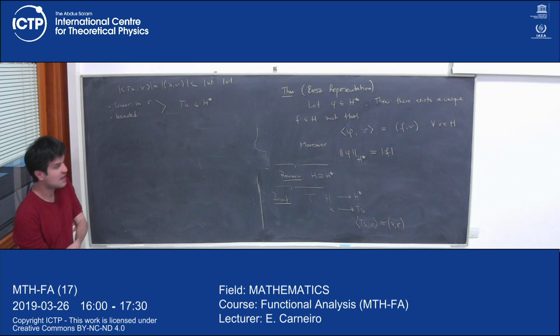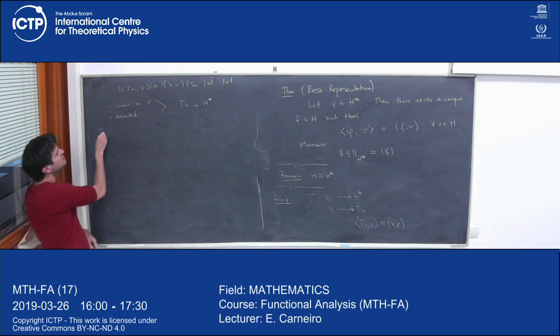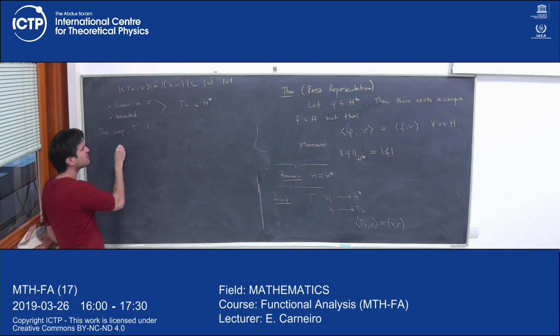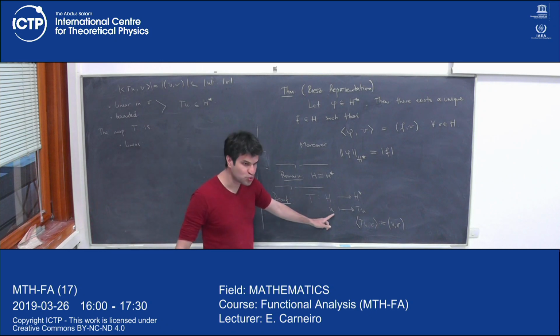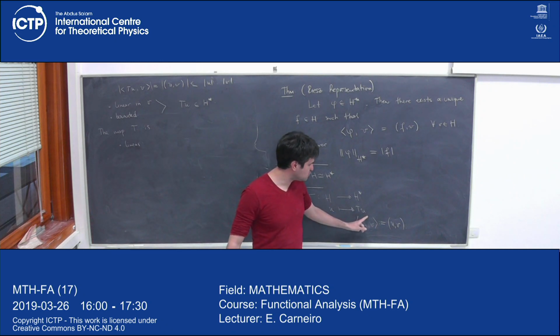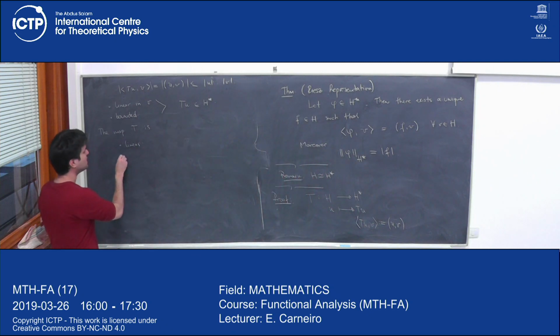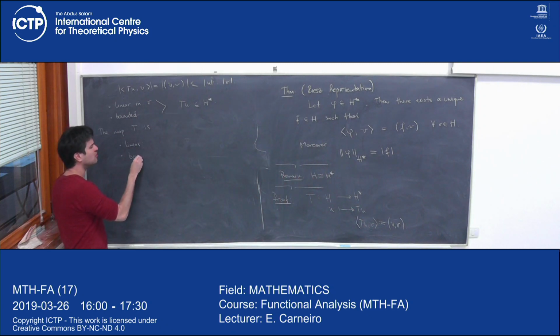Okay. Now the map T is linear: if you just take u1 and u2, T of u1 plus T of u2 is T of u1 plus u2. So the map T is linear, and it's also bounded.